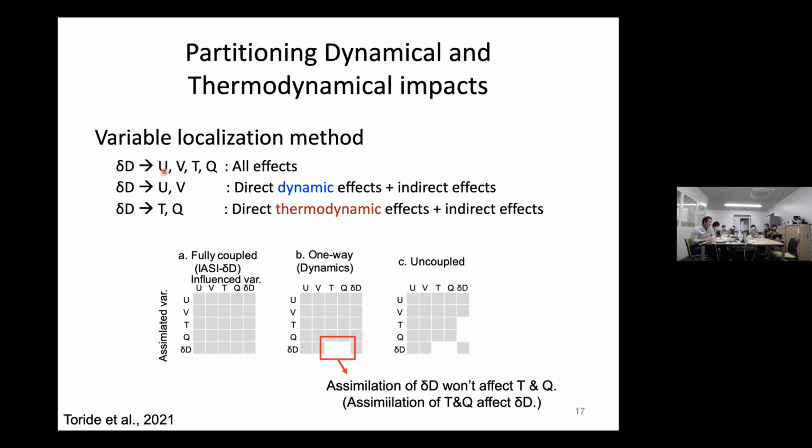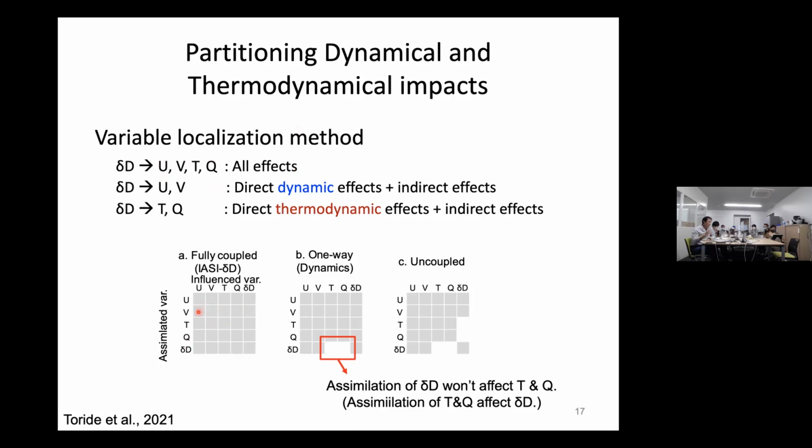And in the data assimilation method, there is something called the variable localization method. Variable localization method means that we can turn off or turn on the influence from the data assimilated fields.